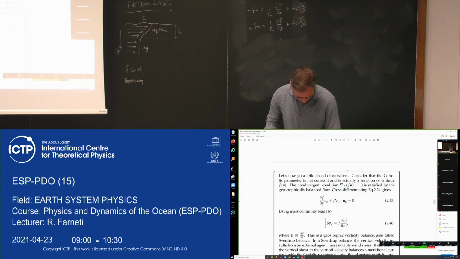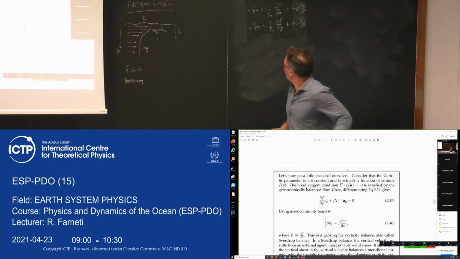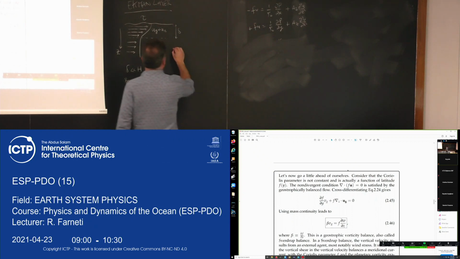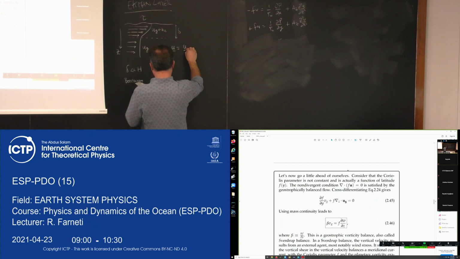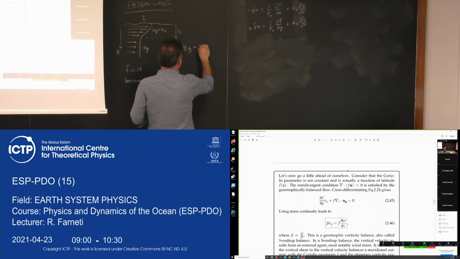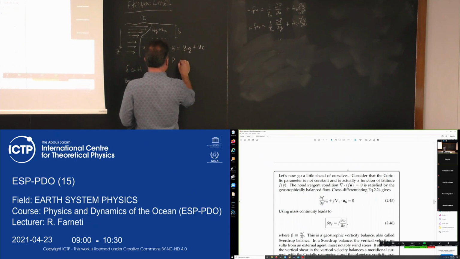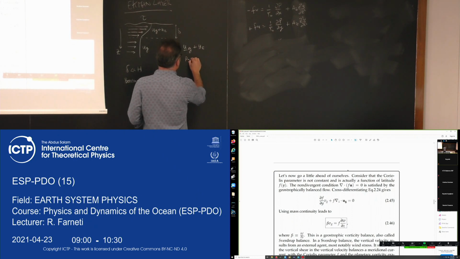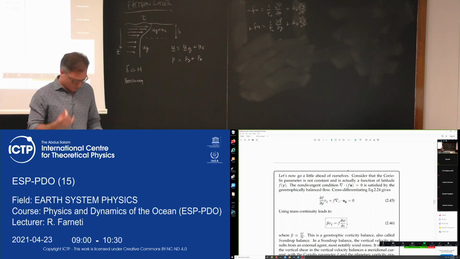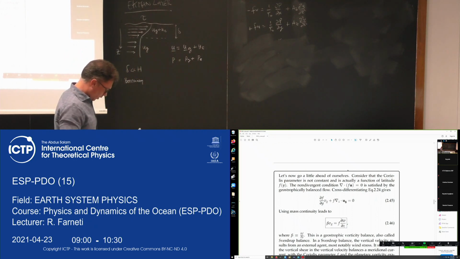Okay, so now we can, as we did here, we can define velocities as geostrophic velocities plus Ekman velocities. And also pressure is going to be the geostrophic pressure plus the pressure within the Ekman layer.